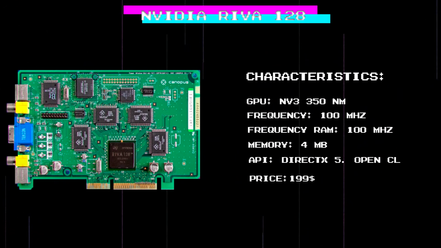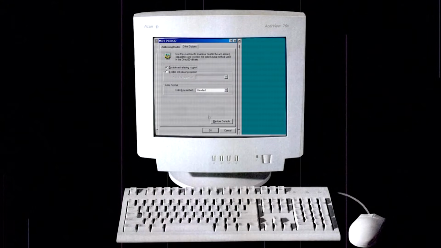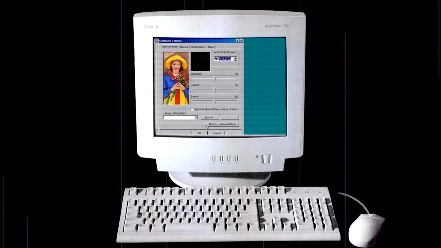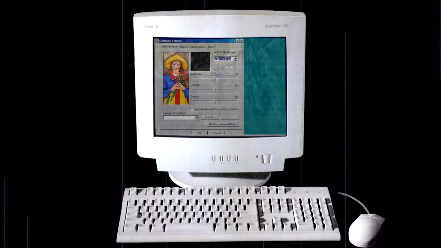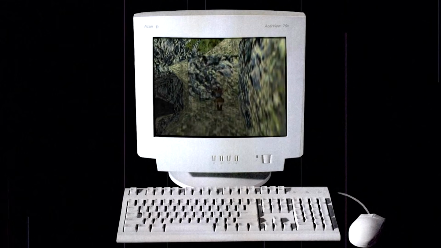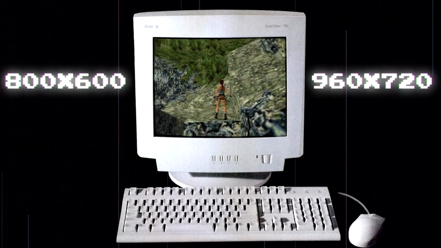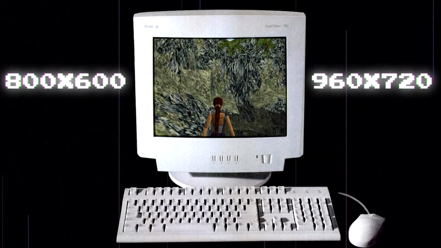Unlike the Voodoo Graphics video card, the Riva 128 worked not only through the PCI interface, but also through the, at the time, new AGP 1X port. The main qualitative difference of Riva 128 was that the video card combined the functions of both 2D and 3D accelerators. And the 3D accelerator used the progressive shared memory.